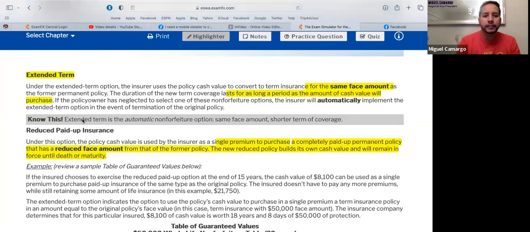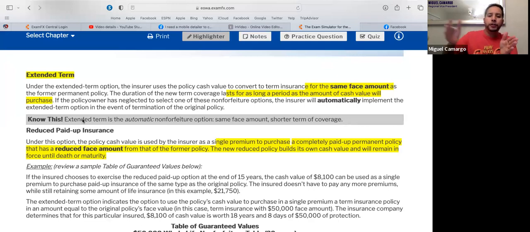E stands for extended term. You're going to write the automatic option next to that. Extended term, automatic option. I'll read it for you. The insurer uses the policy's cash value to convert to a term policy of the same face amount as the permanent policy.